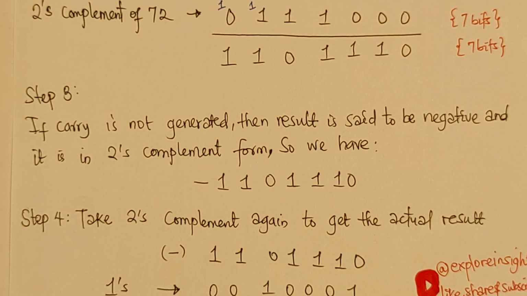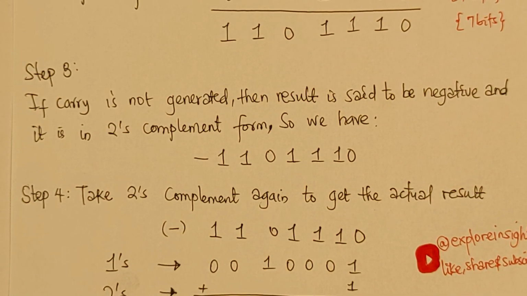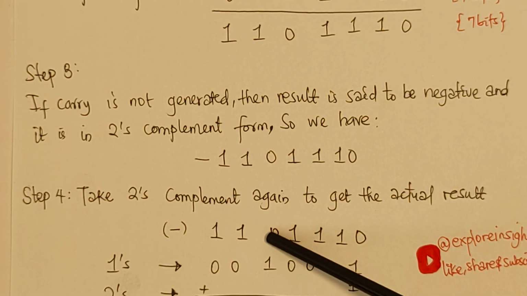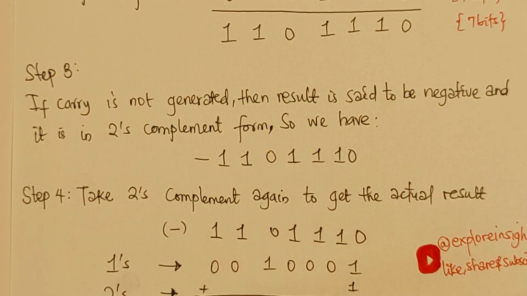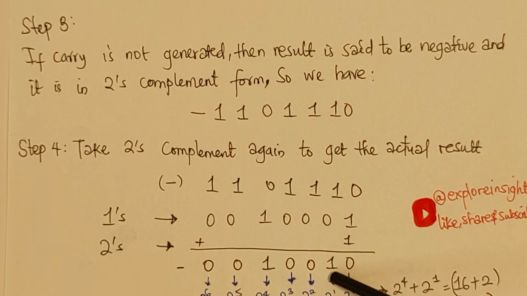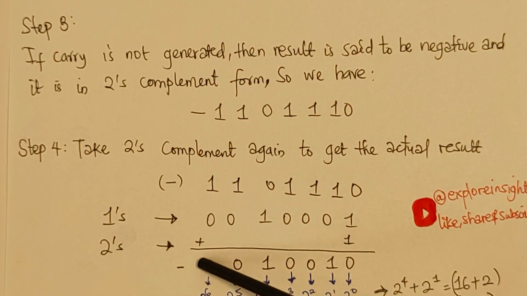Now like I said, wherever you have 0, you change to 1, and wherever you have 1, you change to 0 when we talk about first complement. So this is changing as 1, this will be 0, this will be 1, this will be 0. So for our second complement is addition of 1, and when we add 1, we're going to have 0, 1, 0, 0, 1, 0, 0.